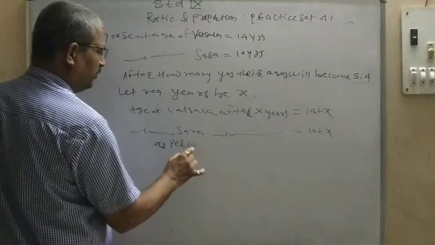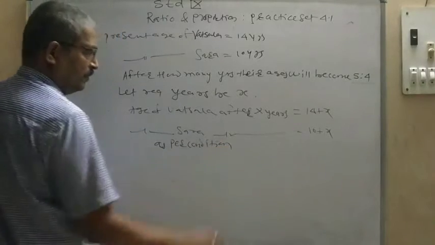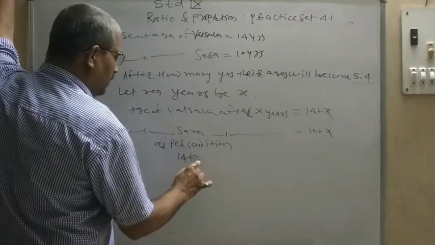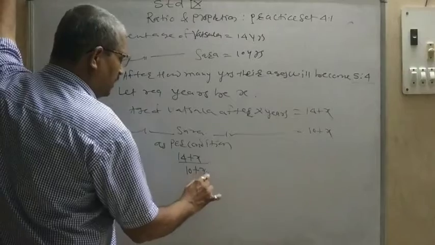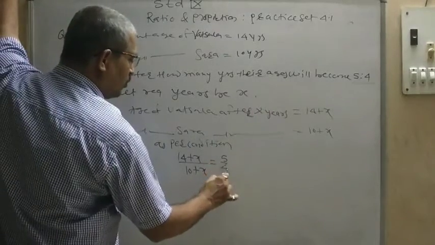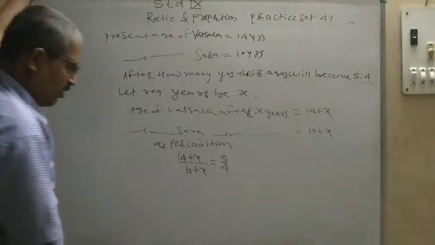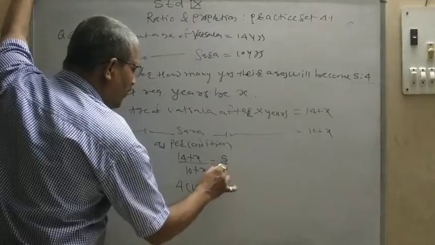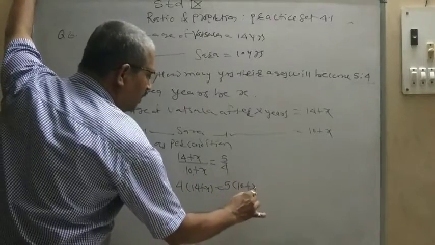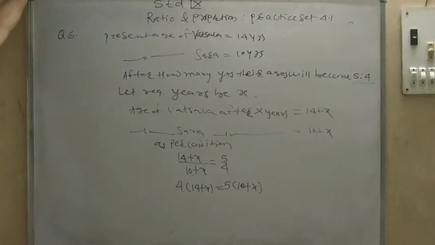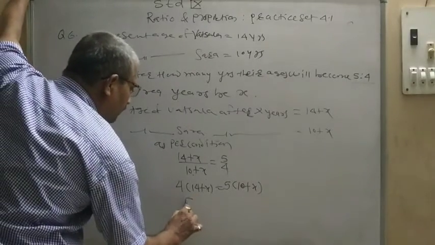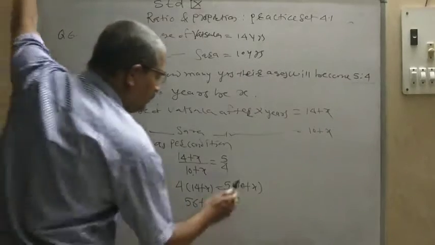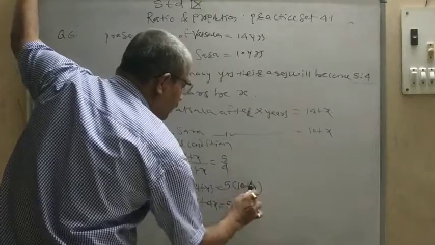As per condition, 14 plus x over 10 plus x is equal to 5/4. Now do cross multiplication. 4 into (14 plus x), 5 into (10 plus x). 14 4s are 56 plus 4x, 10 5s are 50 plus 5x.